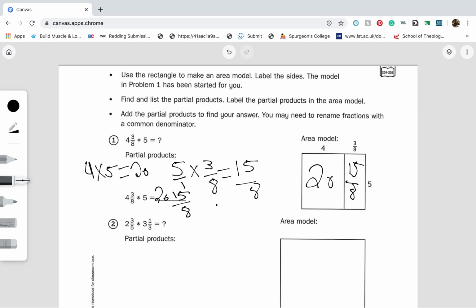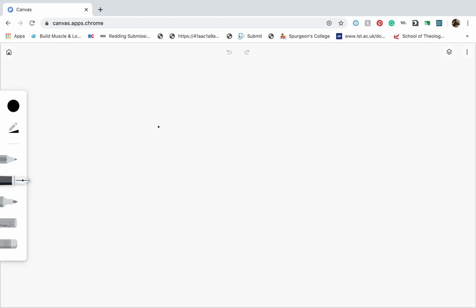But let's say here that you want to challenge yourself, and actually I think I'm going to make a new page here really quick. So if I have 20 and 15/8, let's say I don't want to write it as an improper fraction. I want to put it in a proper mixed number form.